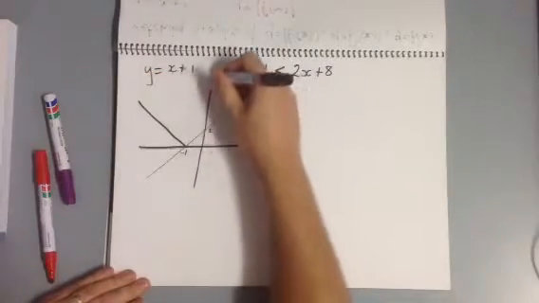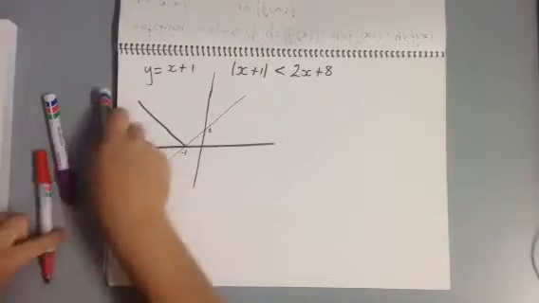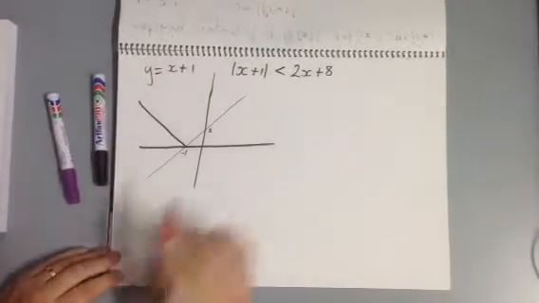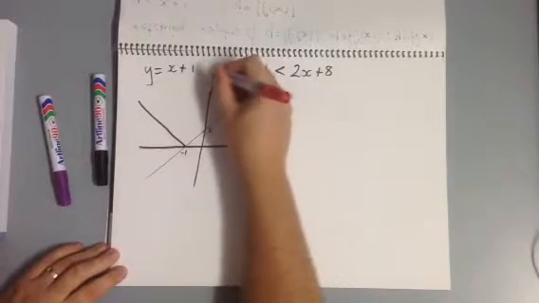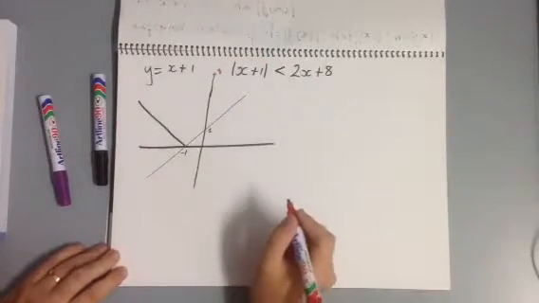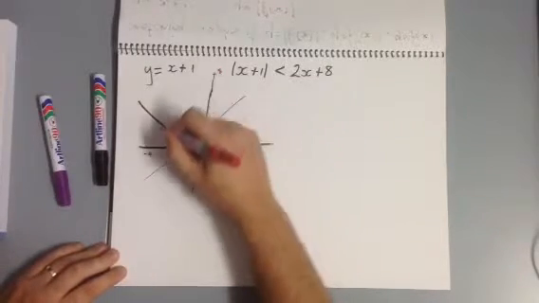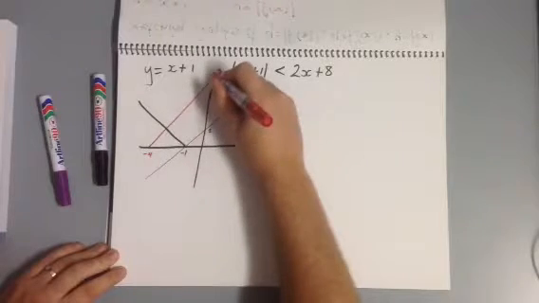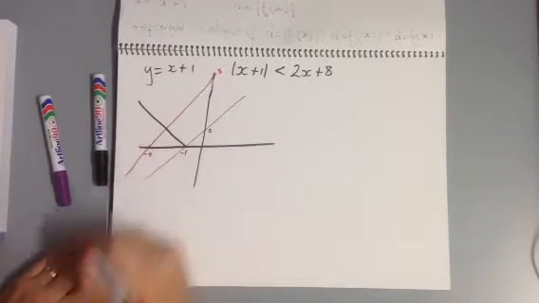And I probably should have drawn some longer axes there because we're going to have to do our equation of 2x plus 8. So we're going to come right up here somewhere and say this is 8, and we're going to come through -4 over here. Okay, so we're going to have that situation.